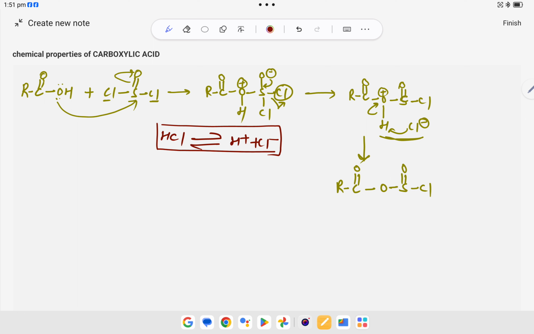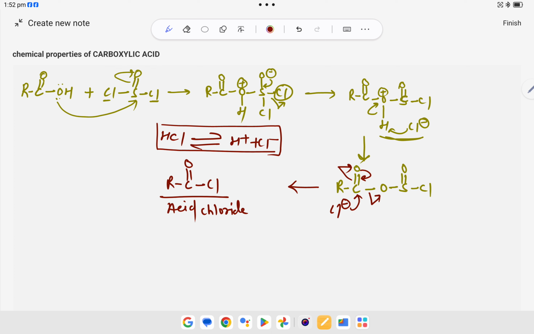So that Cl minus again approaches the carbon, pi electron shifted, back bonding and this species will leave. So what you are getting, R-C double bond O and Cl is attached, acid chloride formed. And what is the remaining?